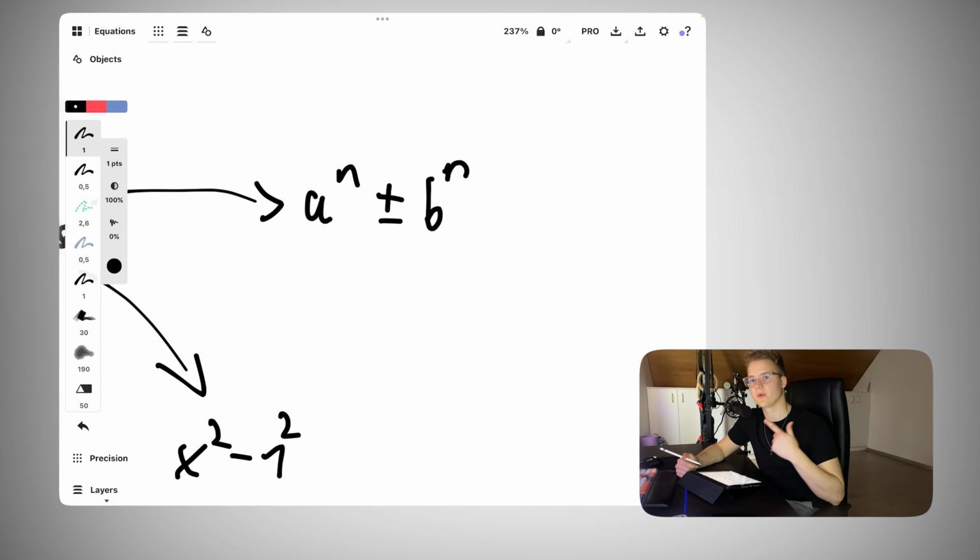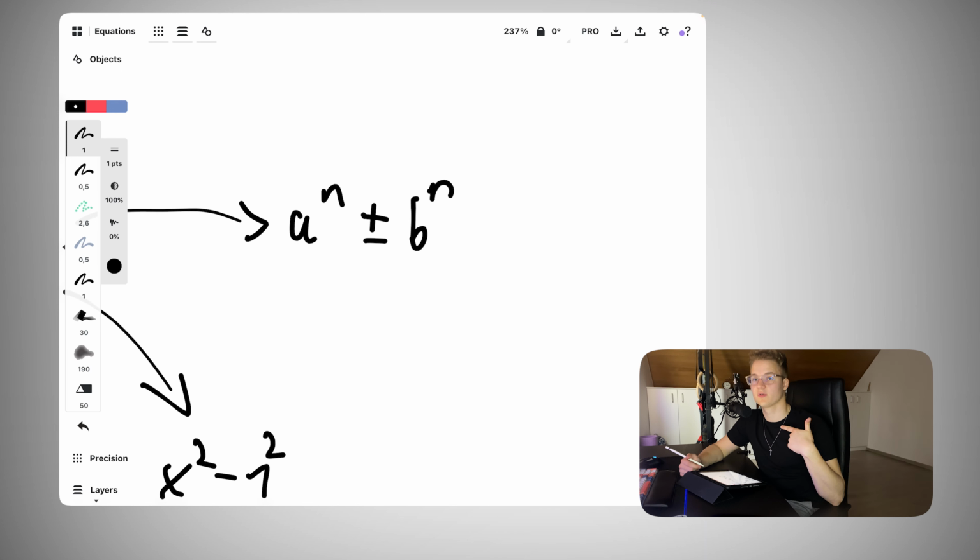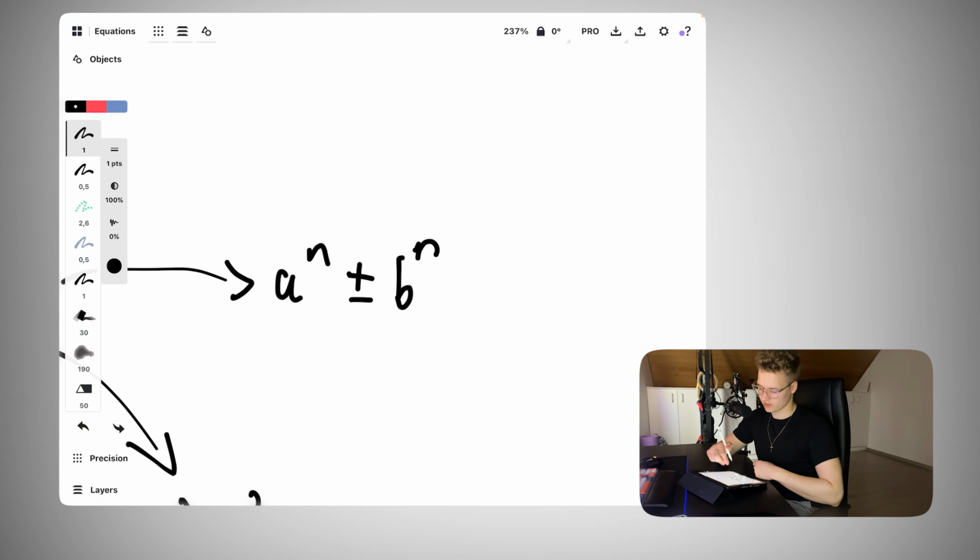So what happens if we have two terms that are instead raised to the power of 2 and with a negative sign in front of them? What would be the general case? Well, the general case would be this one. And there is something you do need to be aware of.